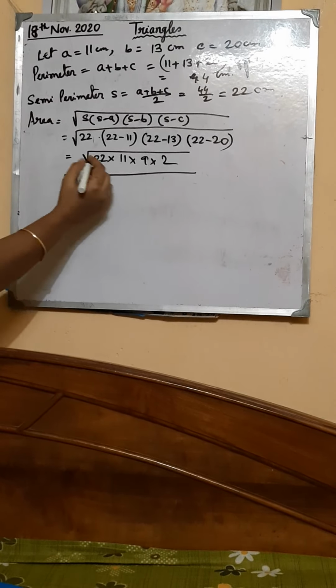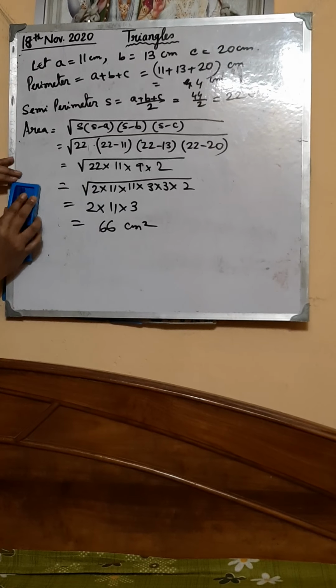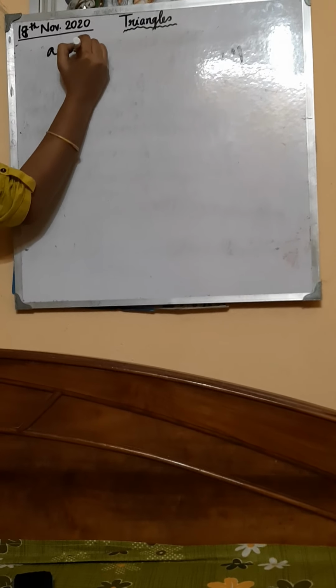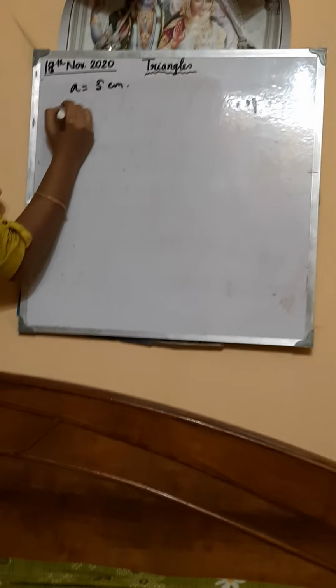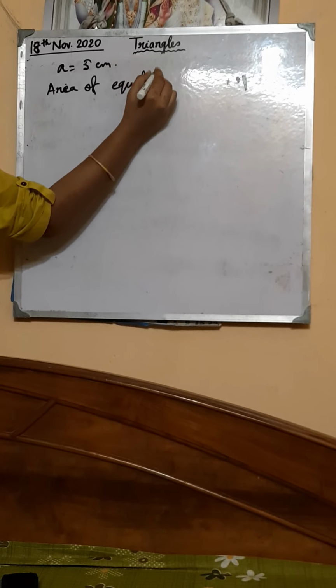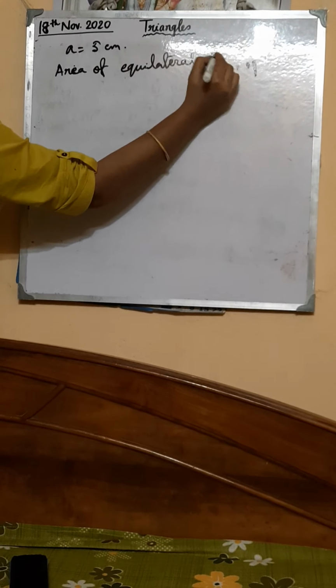Now next example. It is given that find the area of an equilateral triangle whose side is 5 centimeter. You know that all sides are equal, then area of the triangle formula is root 3 by 4 into side square. Right. So A equals given 5 centimeter. Area of equilateral triangle is equal to what?